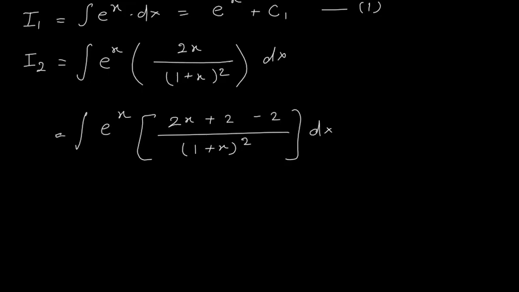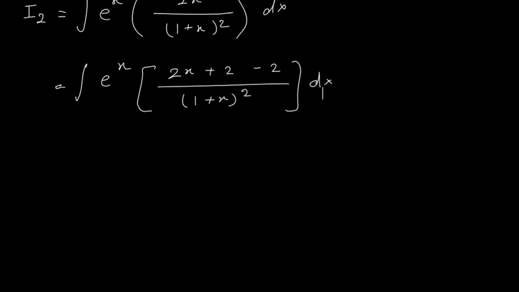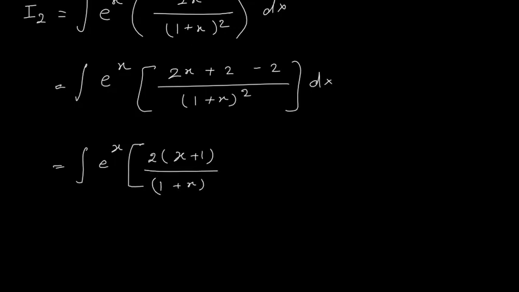I hope you understand why I have done this 2x plus 2 minus 2, because from this 2x plus 2, if you take 2 common, you have x plus 1 which is present in the denominator, so that part will cancel. So like the game of chess, okay, you have to think little ahead what you can do. Okay, so here if I take 2 common, I have x plus 1, and denominator we have x plus 1 or 1 plus x the whole square.